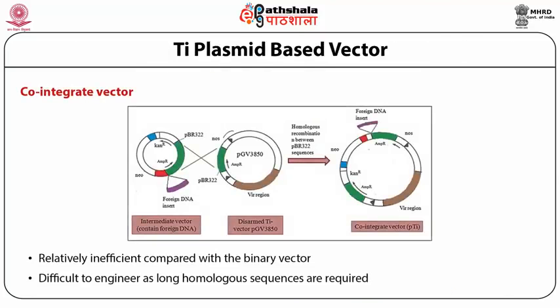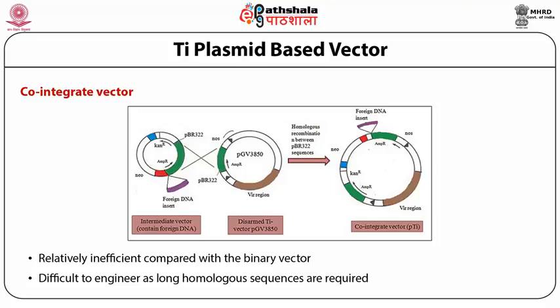Based on these characteristics of the Ti plasmid, since it is a very large plasmid, it is very difficult to manipulate. There are no appropriate restriction sites to insert the gene of interest, and large plasmids tend to break frequently, so they are difficult to handle and to transform into the bacterium.